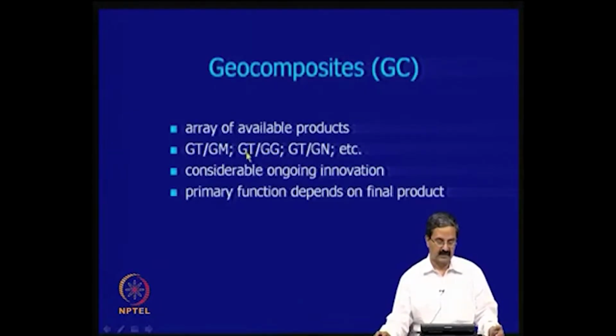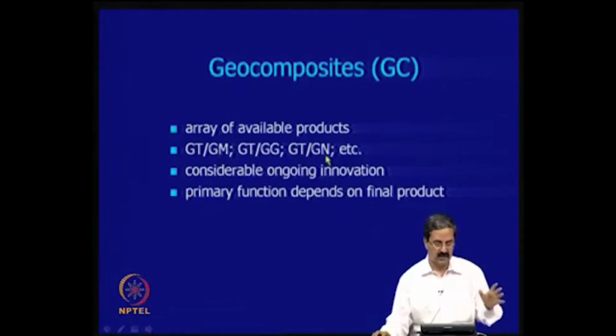Say for example, geotextile can serve as a drainage material, geogrid can serve as a reinforcement material. In this case geotextile can just act as a filter or drainage material. Geomembrane may not allow all that water to go down.